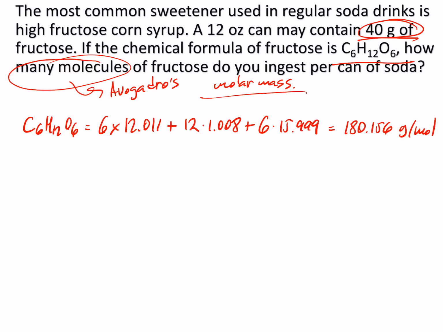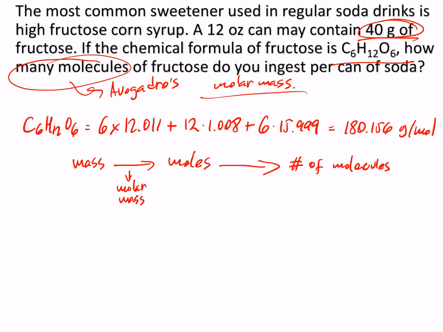So you have the molar mass, you already know what the Avogadro's number is, you have the mass of fructose. So the sequence is, you have mass, then you go to moles, then you go to number of molecules. And to do that, here you need molar mass, and here you need Avogadro's.